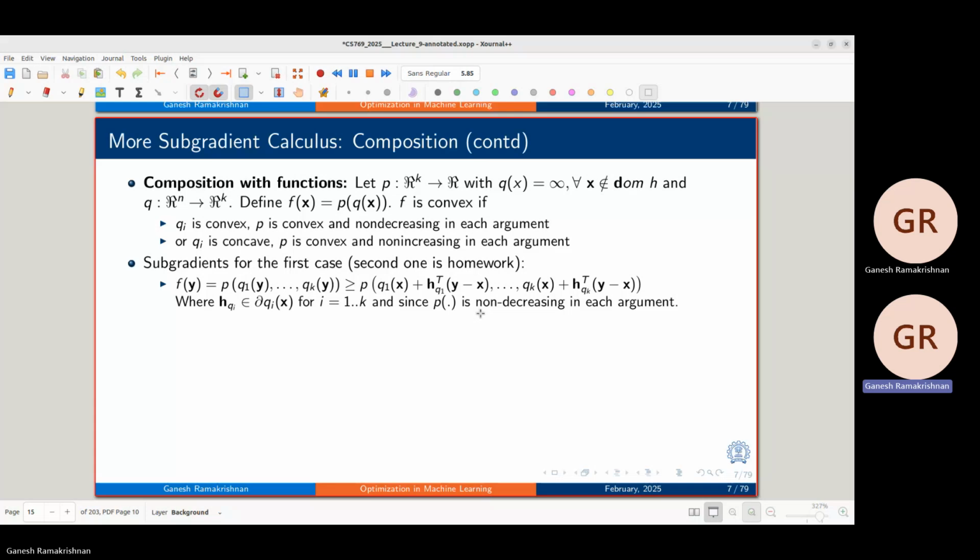So look at this argument. It's Q1x plus HQ1 transpose (y minus x). So what can I do? I'll take P of Q1x, Q2x, and so on, plus HP, yes, this part.